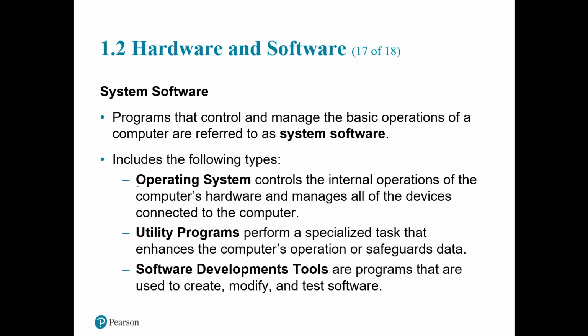So an operating system, such as Windows or Linux or Mac OS, will be system software. Then any utility programs that will enhance your computer's execution and working performance, and any software development tools. Any tools that you as a software developer will use to create programs are considered system software.